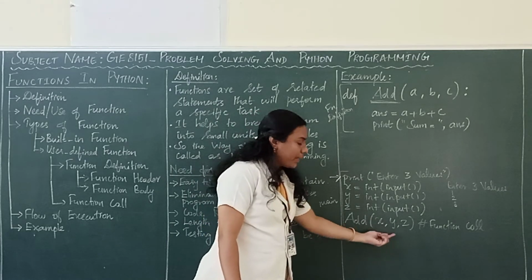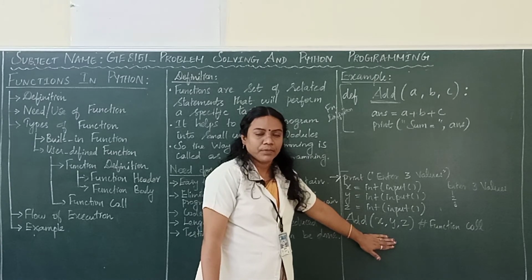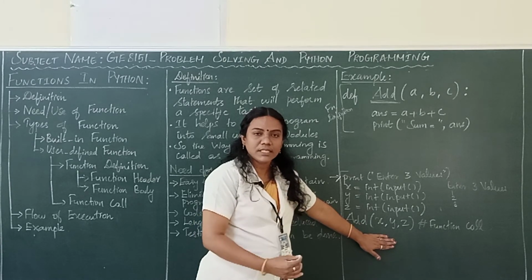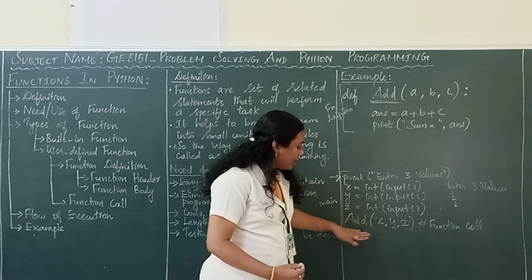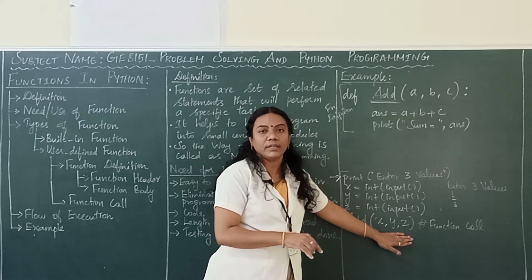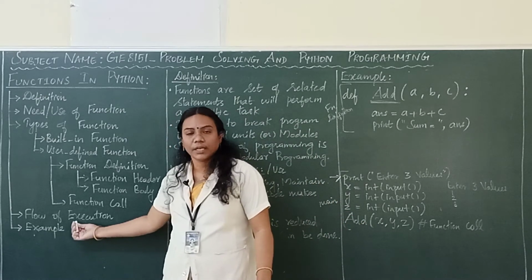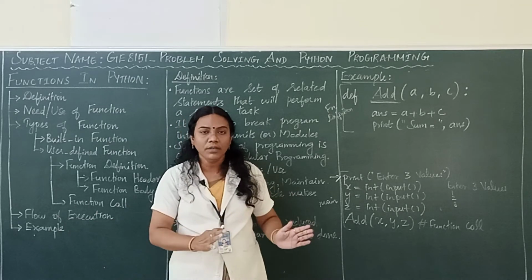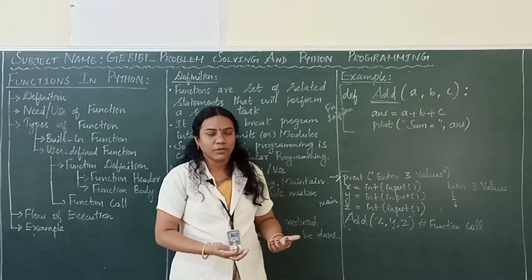Next, the fifth statement, add x, y, z. This is called our function call. Whenever a function call statement gets executed, the definition corresponding to that function call will get executed. That is explained as the flow of execution. Whenever a function is called, what are the internal things that are happening? We are passing the values of x, y and z: x is 1, y is 2 and z is 3.